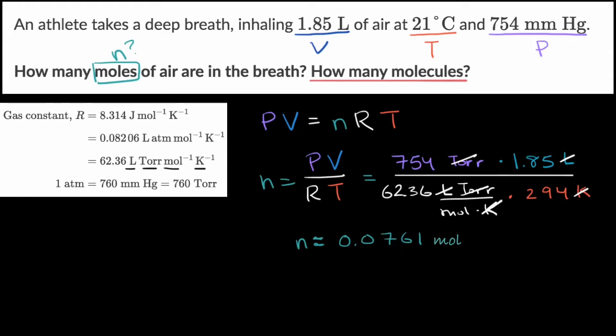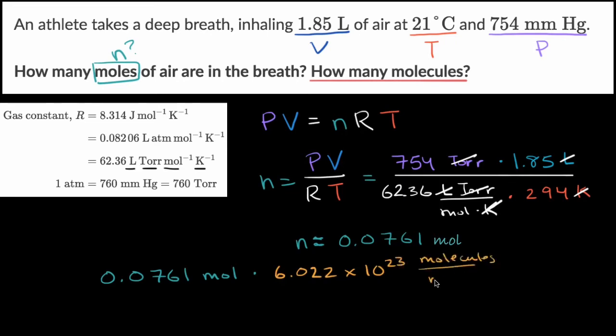So we could write it this way: 0.0761 moles times 6.022 times 10 to the 23rd molecules per mole. Now these are going to cancel out, and I'm just going to be left with molecules.